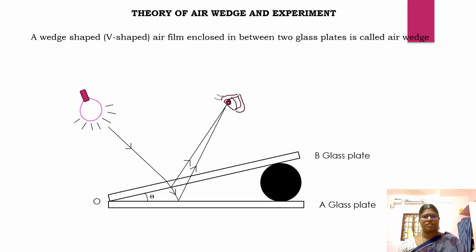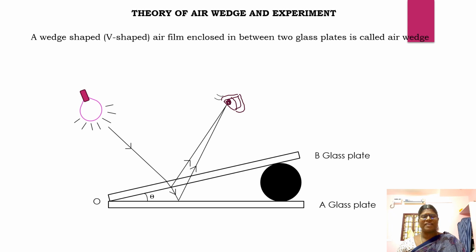Next topic is theory of air wedge experiment. First, let us see what is air wedge. Air wedge means a wedge-shaped air film is formed between two glass plates.